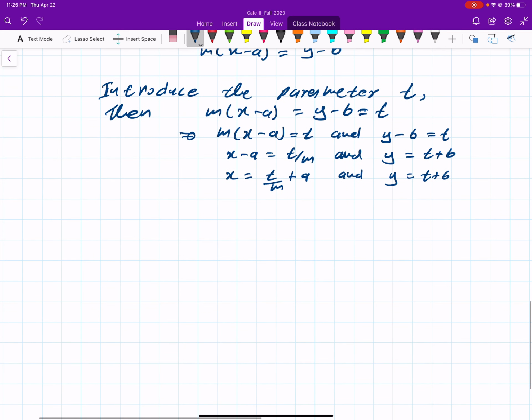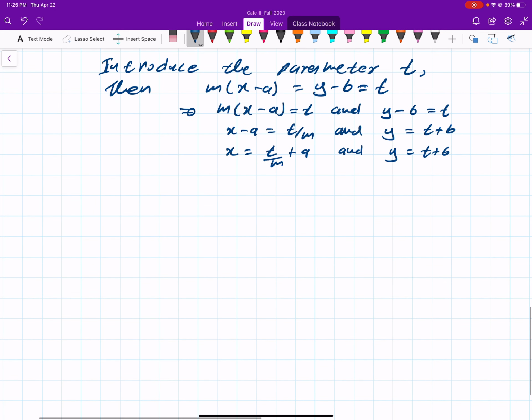So this is the parametric representation of the equation. The parameterization is x equals t over m plus a, y equals t plus b.